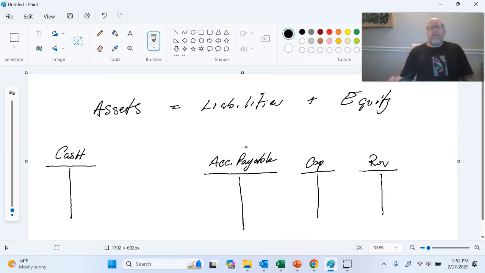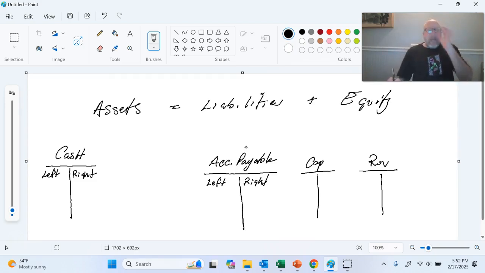But every single account that we have in our accounting system is now theoretically a T account. When we keep track of things, we're going to keep track of things either on the left side of the T account or the right side of the T account. And same goes for all the liabilities and equities. Let's just talk about cash first, okay?